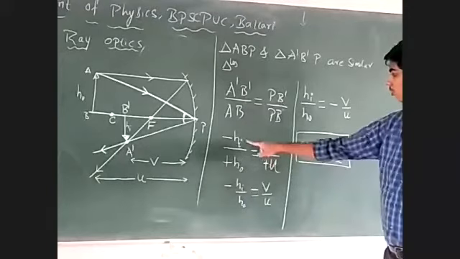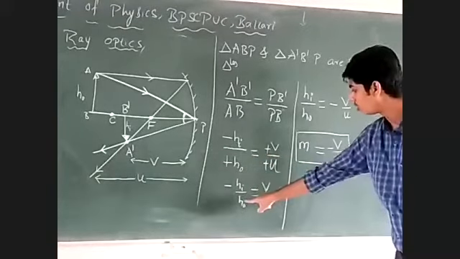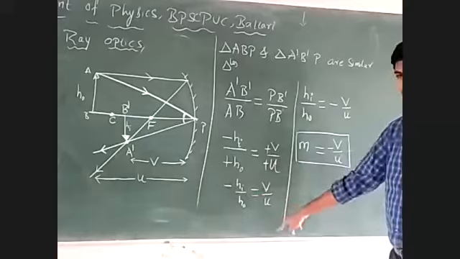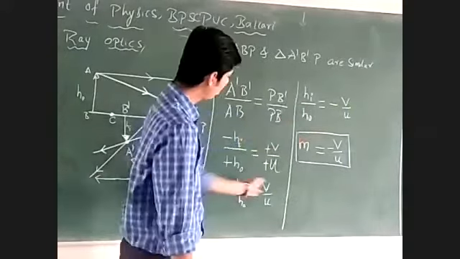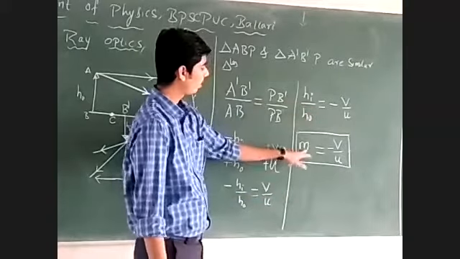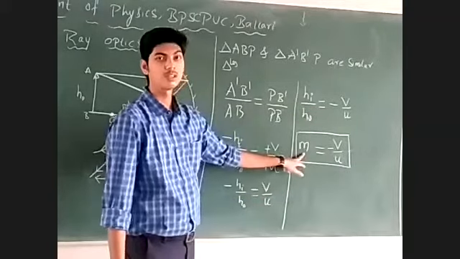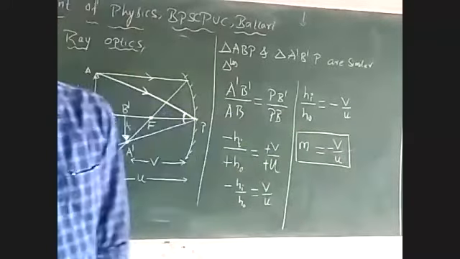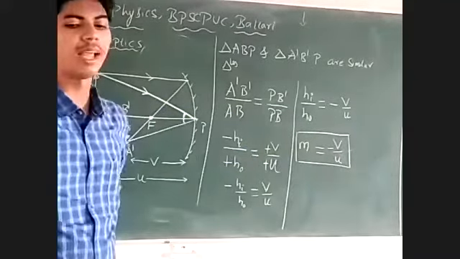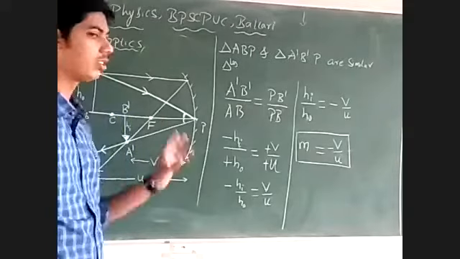So we are left with minus HI by HO is equal to V by U. So we can write HI by HO as minus V by U. HI by HO is M, nothing but magnification, equal to minus V by U. This is the expression for magnification in terms of image and object distances.